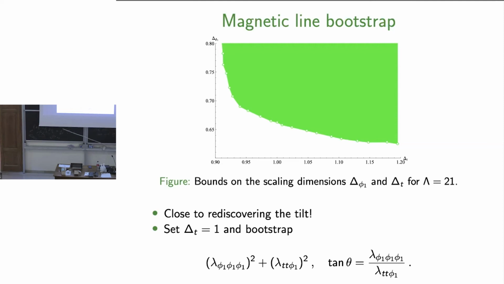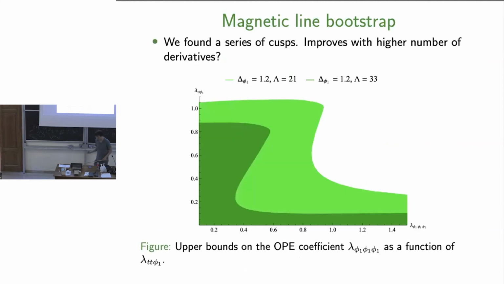So I'm going to include the tilt and scan an allowed region for OPE coefficients as a function of delta phi. The hope is that if there is some particular value of delta phi at which you see a feature, that might be an indication that there is a theory living there. So it's really a 3D plot, the allowed region for these two OPE coefficients as a function of delta phi. I'm going to show you a slice of this 3D plot.